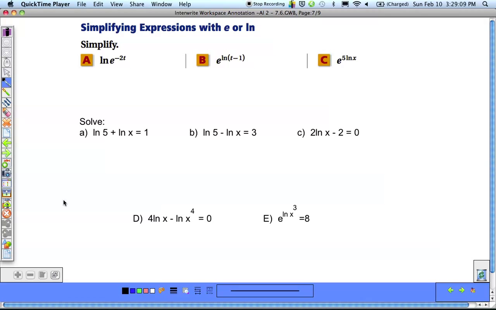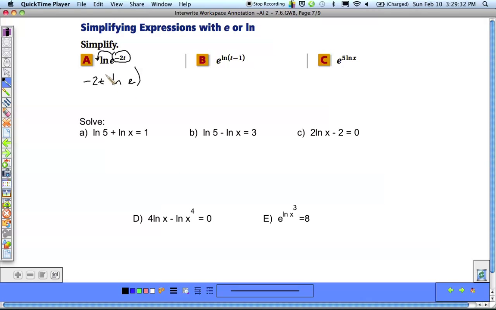To simplify this, the first thing we may see is an exponent inside our natural log, and we can do the same thing with it as with exponents inside logs. We can move that exponent out in front, so it becomes negative 2t multiplied by the natural log of e.